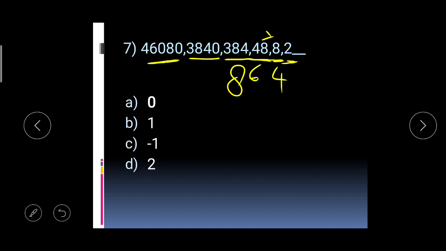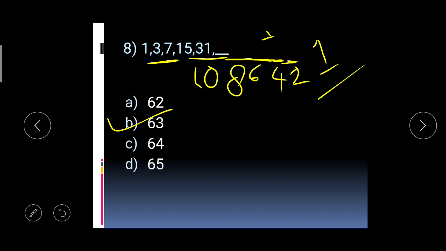And 3840 divided by 10 giving me what? 384, right. So 10, 8, 6, 4. So this number must be dividing by what? 2. So next term is what? 1. So answer is 1. Okay, let's move on.